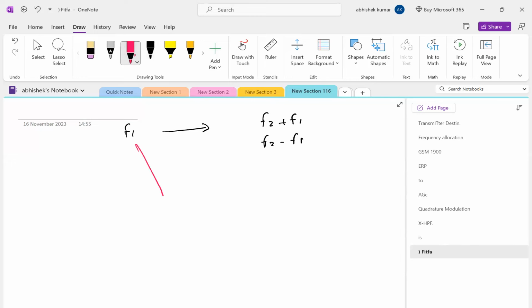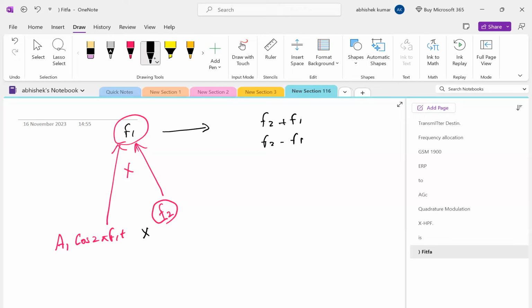Then what will we do? We will multiply this frequency component with another frequency component having frequency f2. Suppose a signal A1 cos 2 pi f1t is my input; this will give you the f1 frequency, right? I will multiply this signal with another frequency component A2 cos 2 pi f2t.